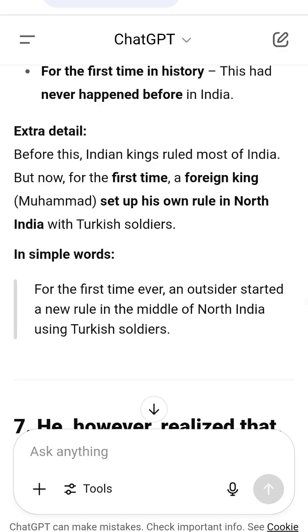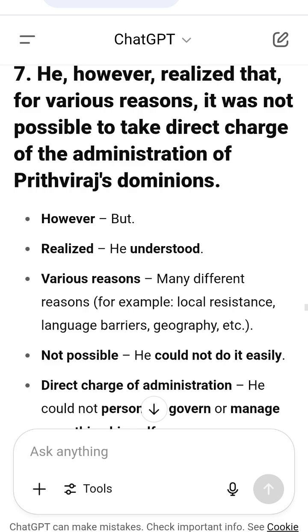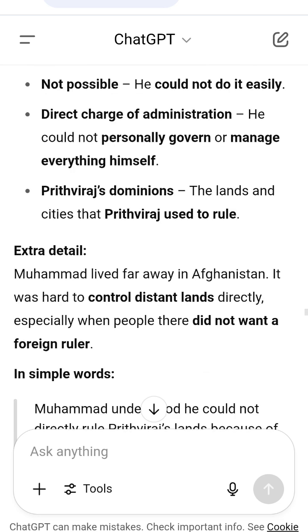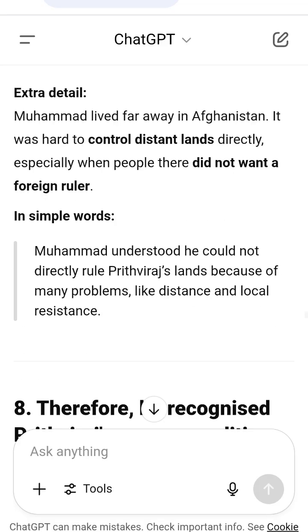4. Indirect rule through local princes. Although Muhammad had won, he couldn't manage all the conquered land directly. The lands were far from his base in Afghanistan, and local resistance made direct control difficult. So, instead of ruling everything himself, he allowed local Hindu princes to stay in power under his control.